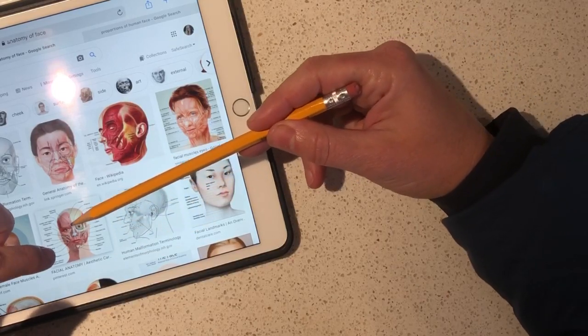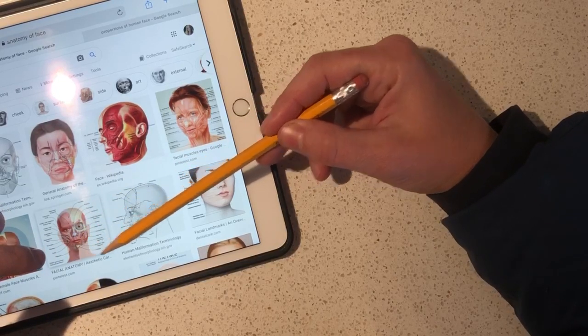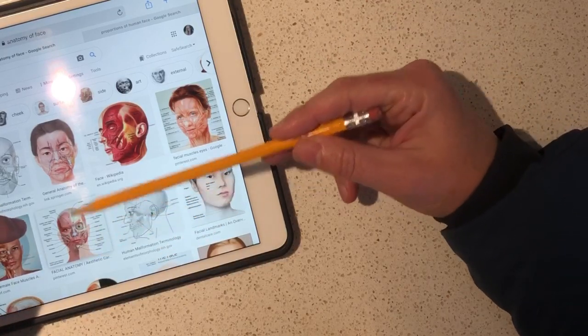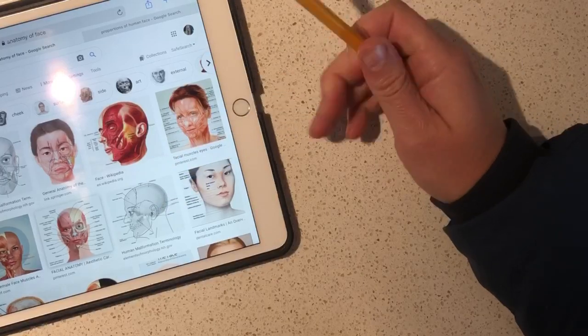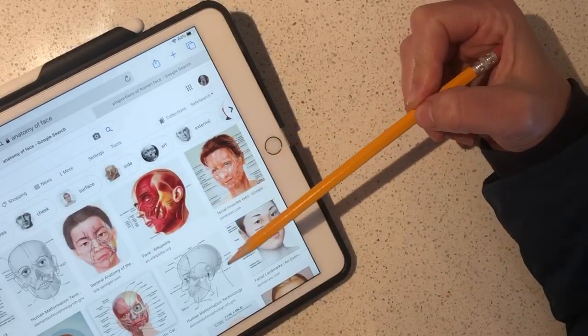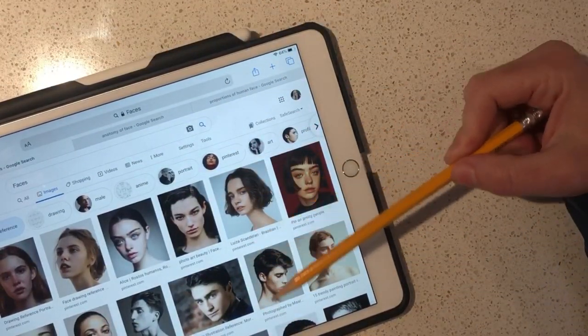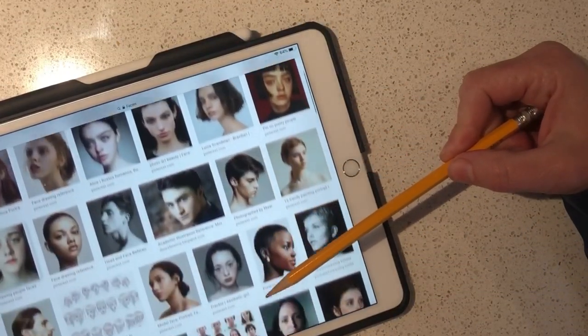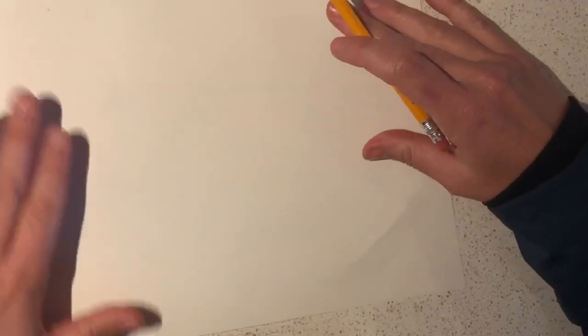So the eye is an organ, cartilage in the nose, the bone of the chin, and then the muscles that create the face too. There's also a little bit of fat that is on the skin too, so you can get a good idea of that. Also, you can look online just to see faces, just to give you a great idea of how to make a proportional human face.